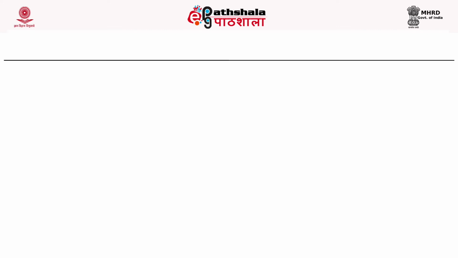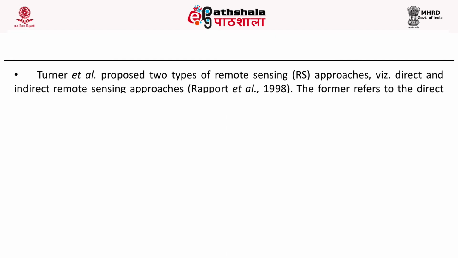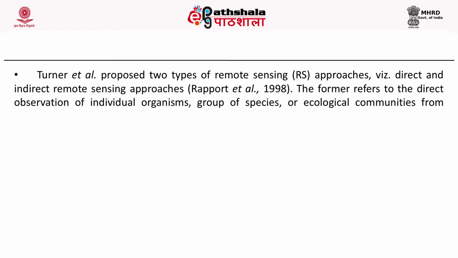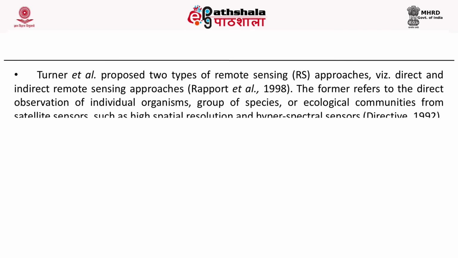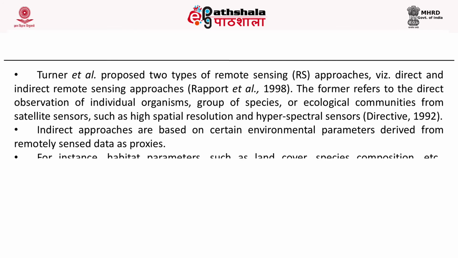For example, Turner and his co-workers proposed two types of remote sensing approaches. The first one is direct and the second one is indirect remote sensing approach. While the direct remote sensing approach refers to the direct observation of individual organisms, group of species or ecological communities from satellite sensors such as high spatial resolution and hyperspectral sensors.